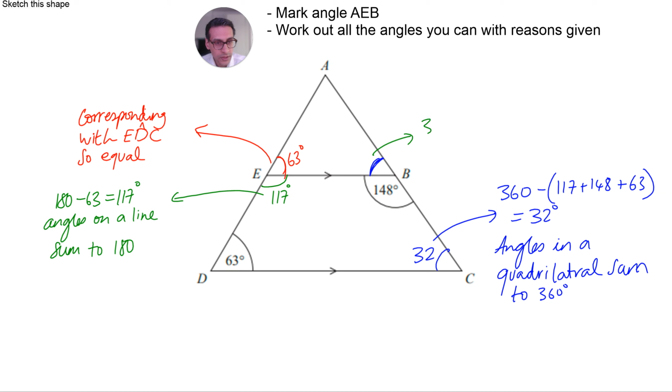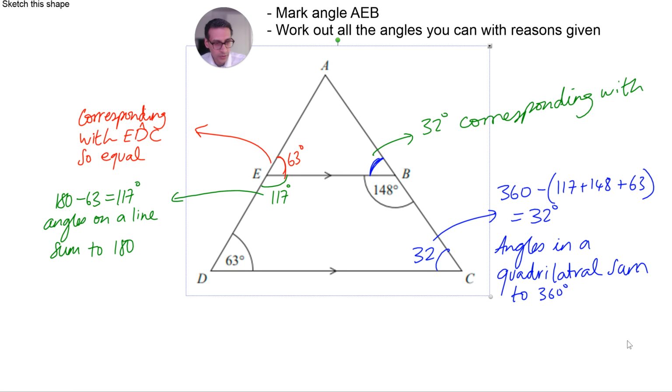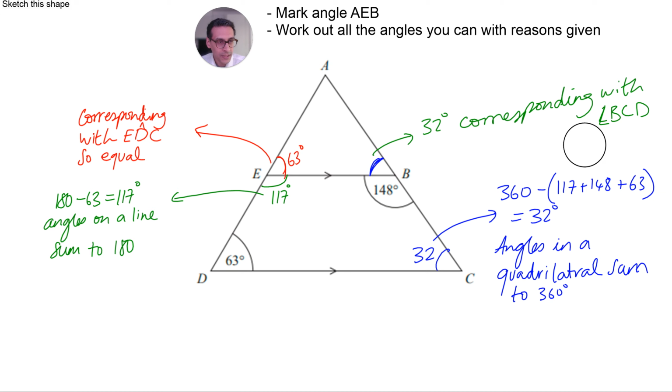This is going to equal 32 degrees because it's corresponding with the 32-degree angle at the bottom, which is BCD. So angle BCD. You could also draw the little hat on top of the C if you wanted to.